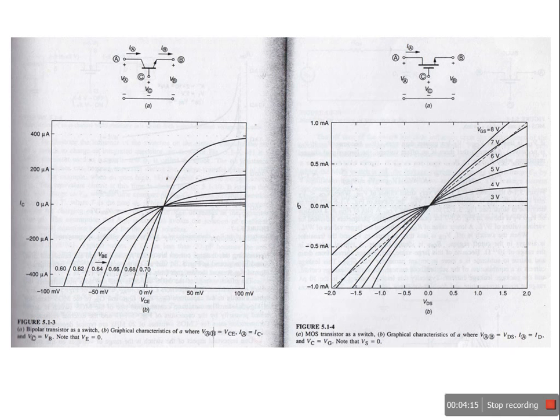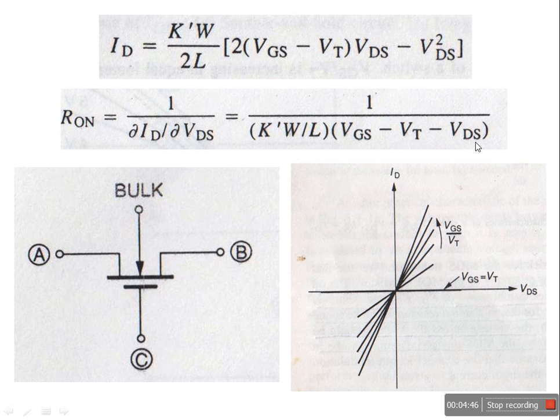and now you can see this is the operating condition in the ohmic region, where if VGS is greater than VT, the threshold voltage, and VDS is less than VGS, then the MOSFET operates in ohmic region. So we can use the MOSFET as switch in the ohmic region. Now we will see the drain current, which can be defined by this equation in the ohmic region.